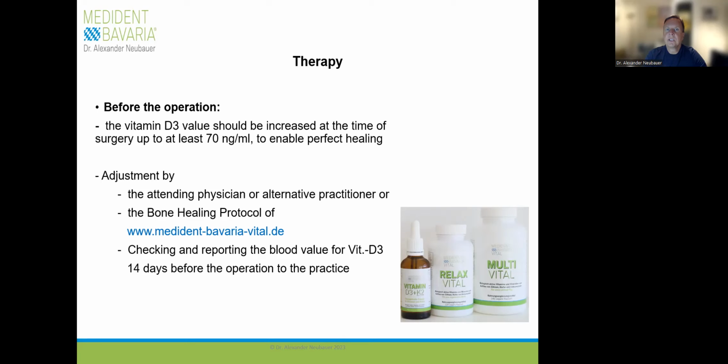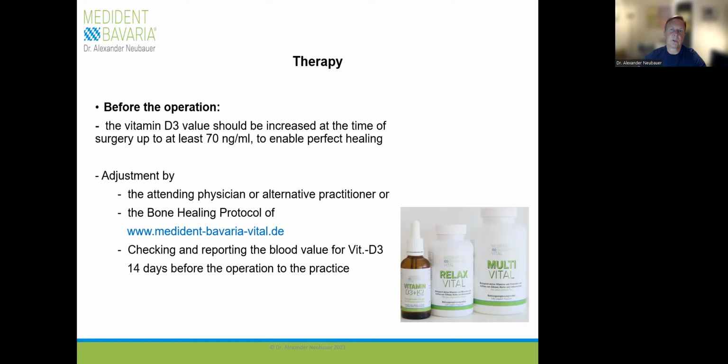Do we have to increase it? If it is too low, we still have 2 weeks more, and you get advice from us on how to increase your vitamin D3 level so that at the day of surgery, your vitamin D level is perfect.